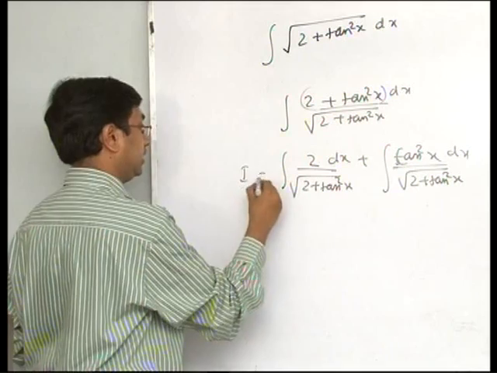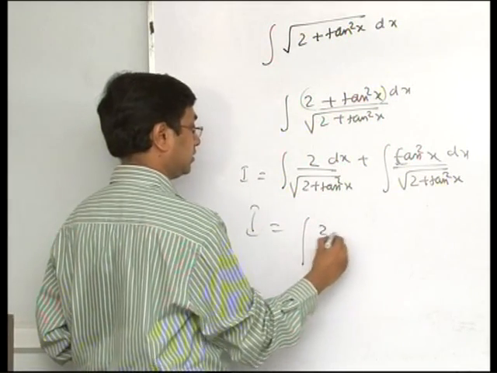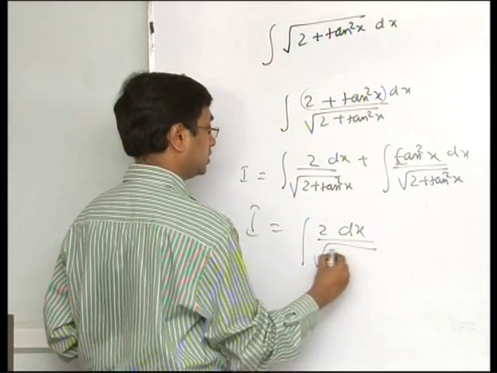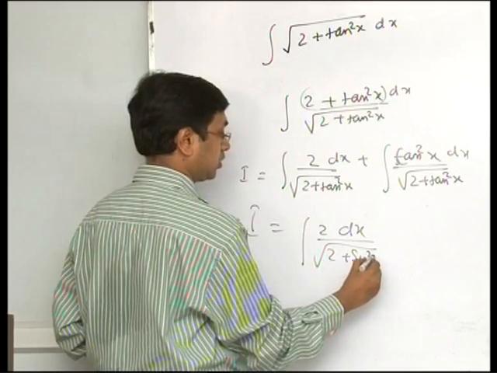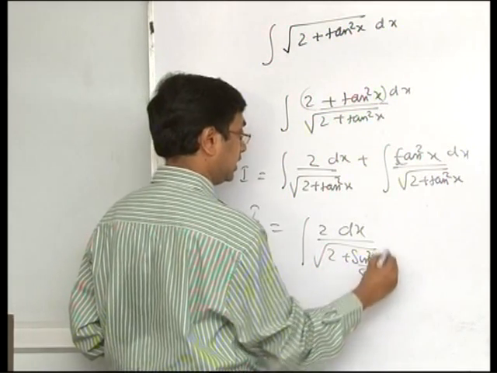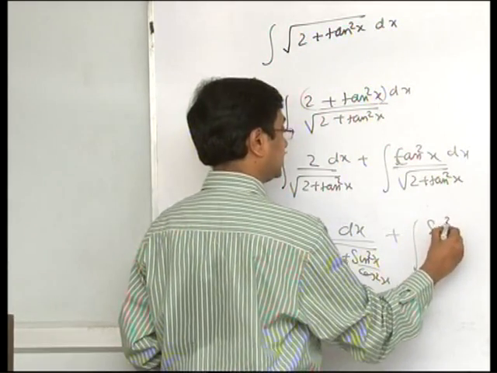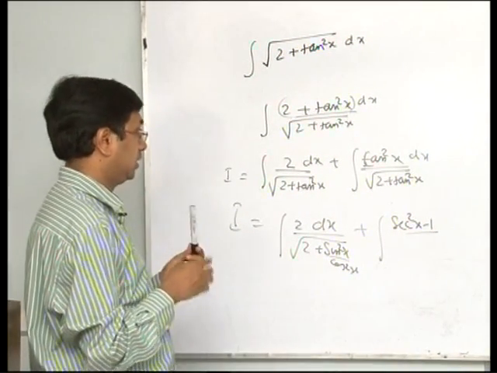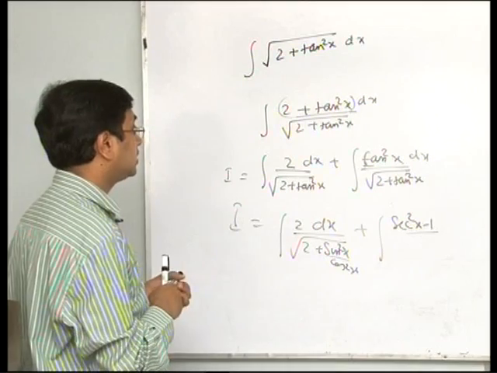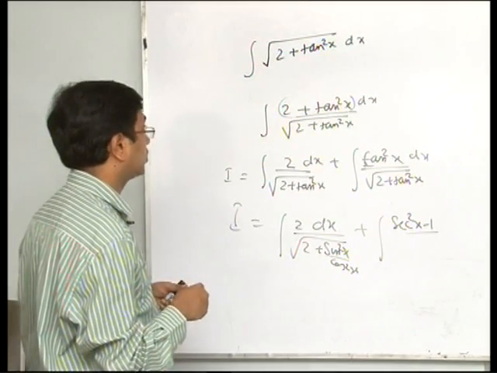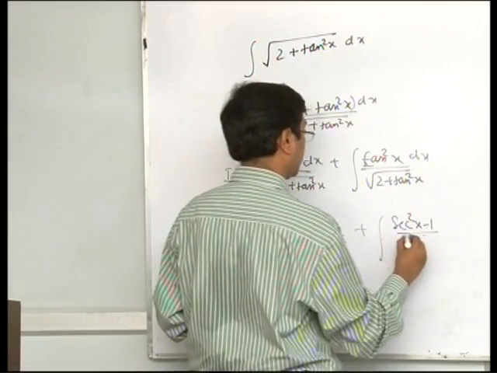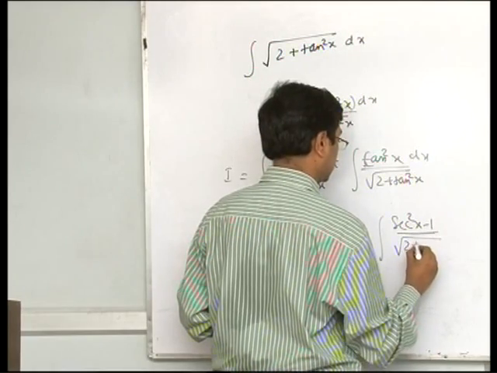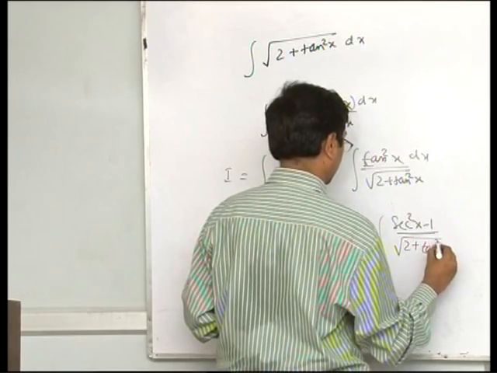So this is I. Now to integrate this, what did we do? Convert to sine and cos. So 2 plus sine square x by cos square x, and here you would write it as sec square x minus 1. 1 plus sec square x minus 1 upon under root 2 plus tan square x.